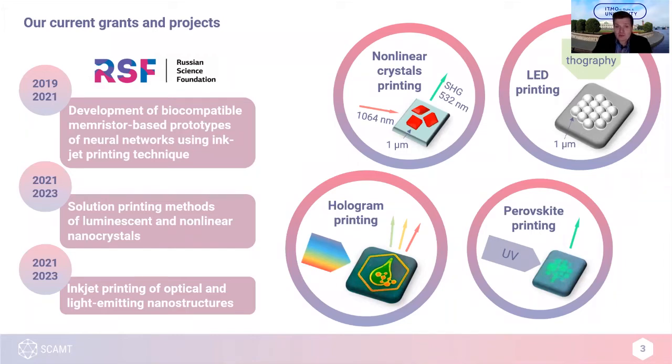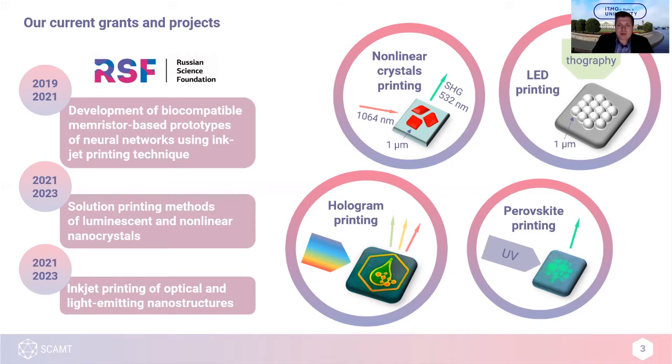Now we had a slot for four students. On the right side, you can see the first one is the inkjet printing for nonlinear optical nanocrystals. The second one is a very, very ambitious project for the inkjet printing of light emitting diodes from gallium phosphide and gallium arsenide nitride.